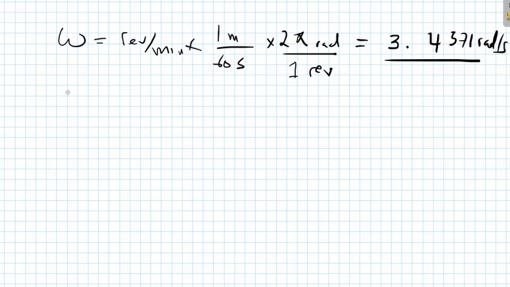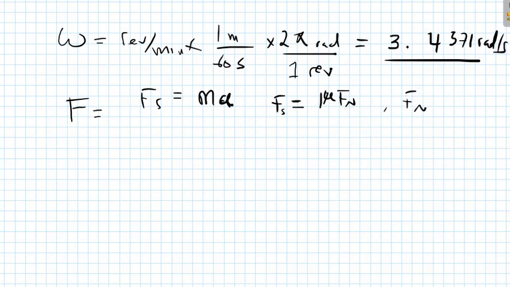Now we know that F is equal to Fs, which is equal to mass times acceleration. We also know that Fs is equal to mu, the coefficient of friction, multiplied by Fn, where Fn is equal to mg.